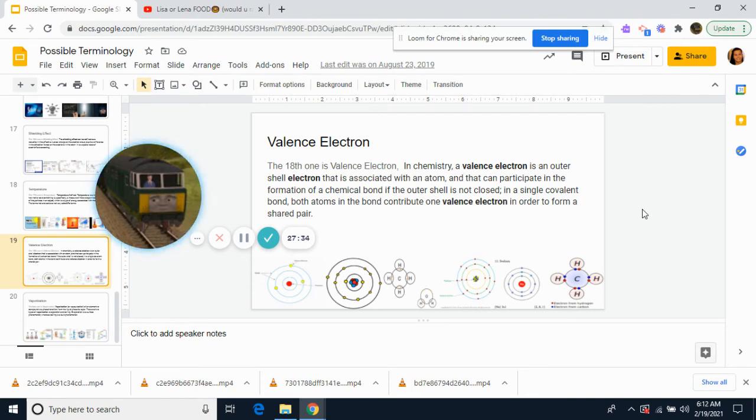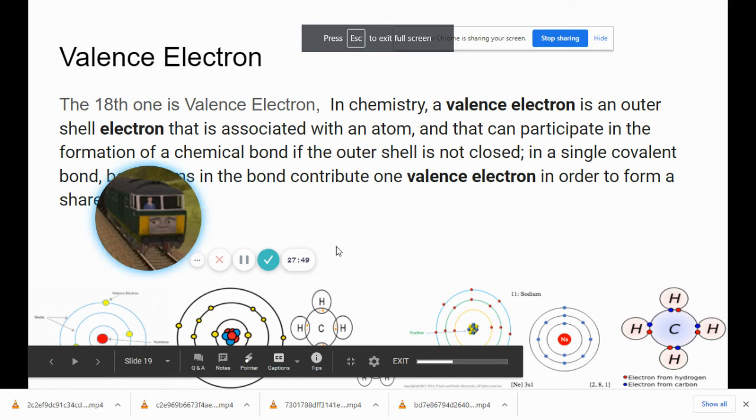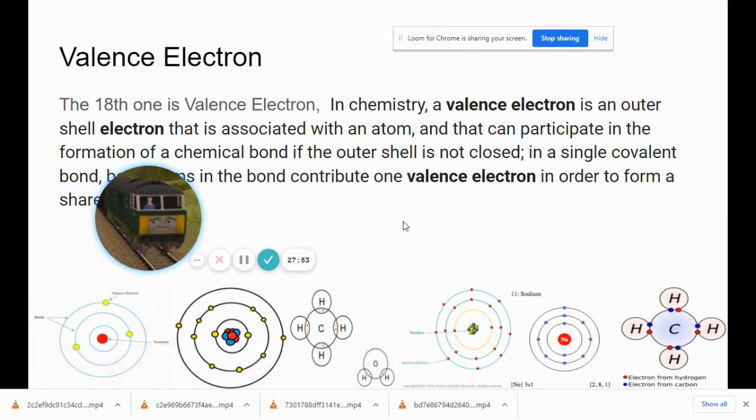In a single covalent bond, both atoms contribute one valence electron in order to form a shared pair. You probably learned this in middle school.